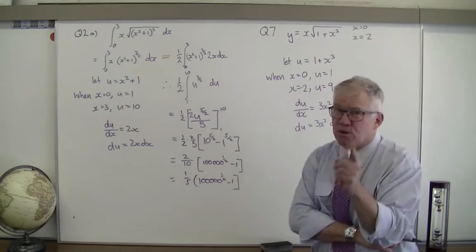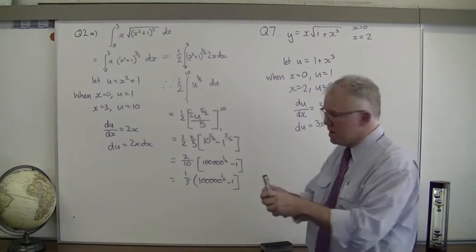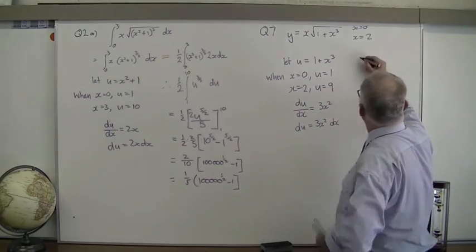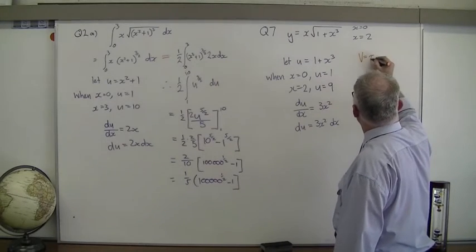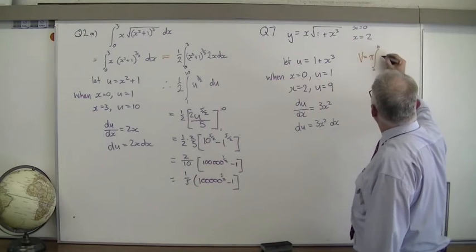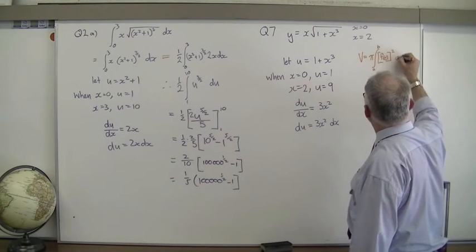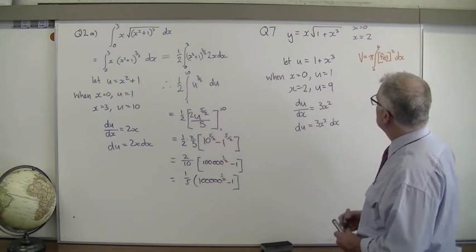Well, remember, it's a volume of revolution question. So I'm just going to take you back to the last exercise. For a volume of revolution, we're going to have an integral from a to b of the function of x, all squared, dx.